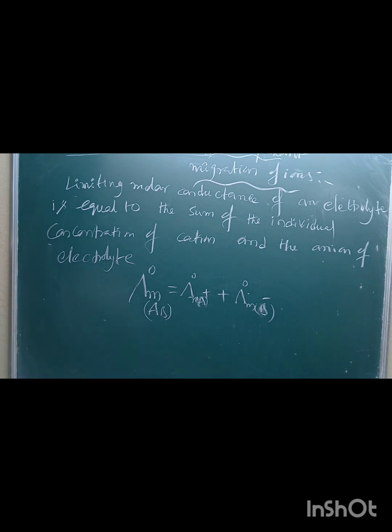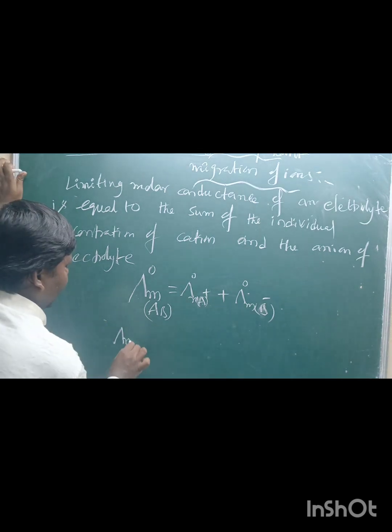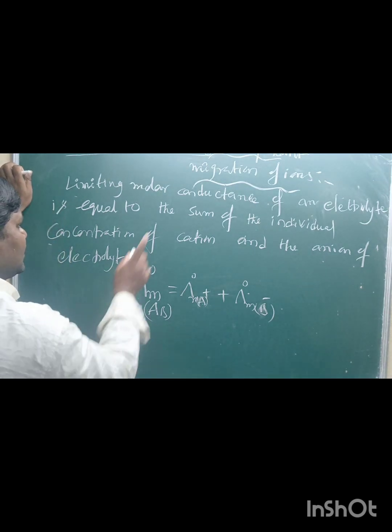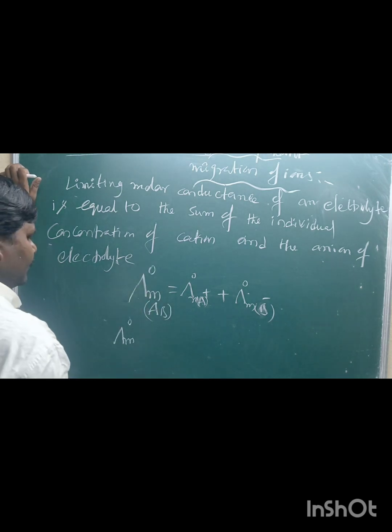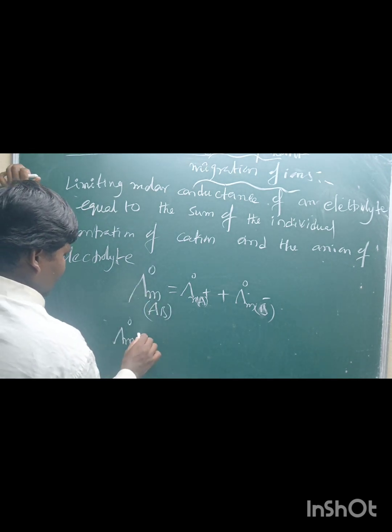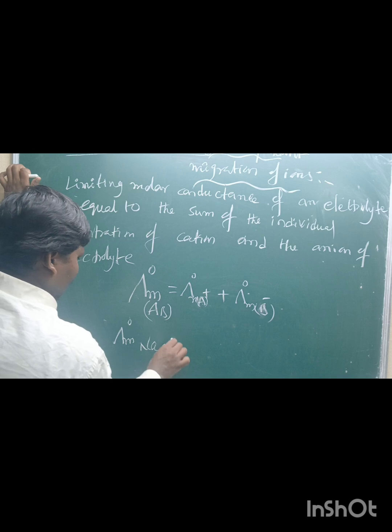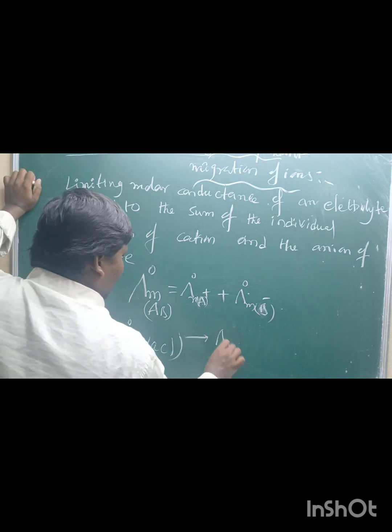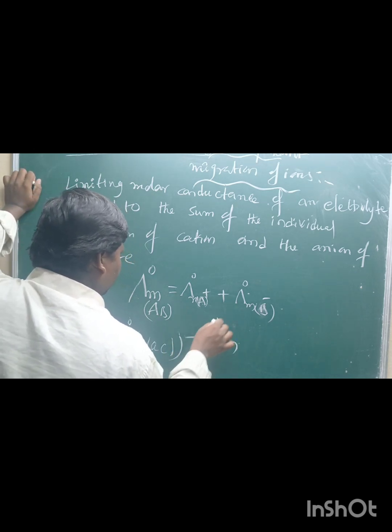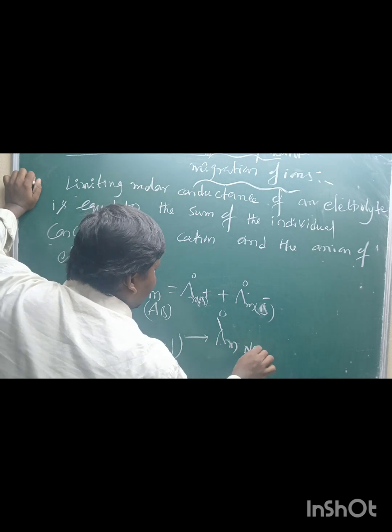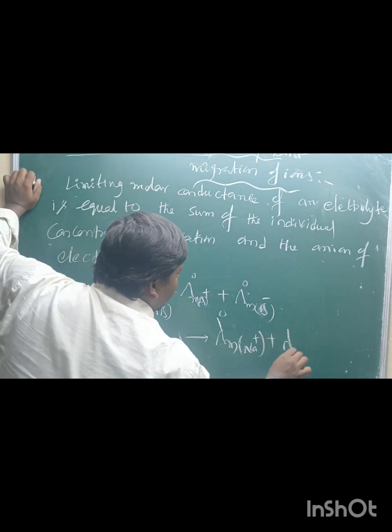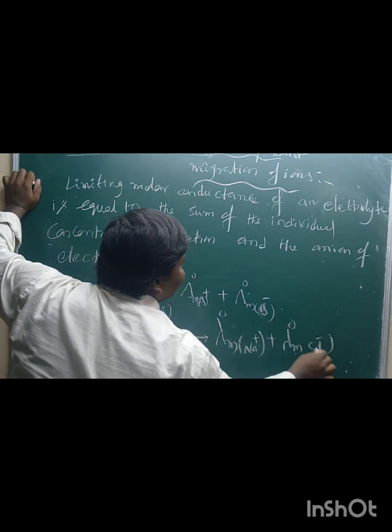For example, lambda m naught, the molar conductance at zero concentration or infinite dilution. Taking the electrolyte NaCl, it is lambda m naught Na plus plus lambda m naught Cl minus.